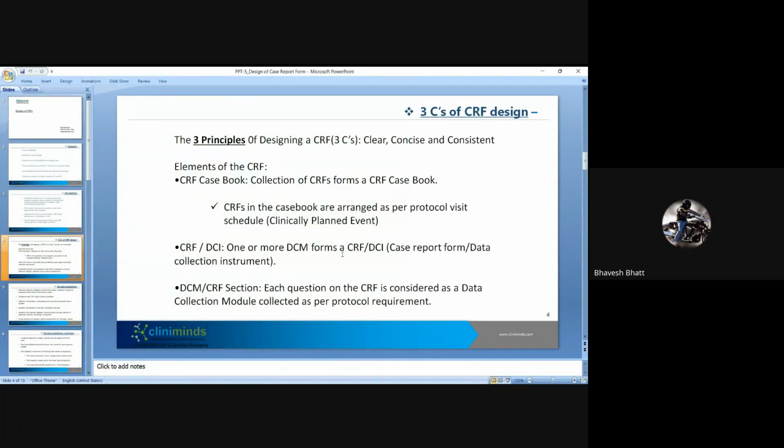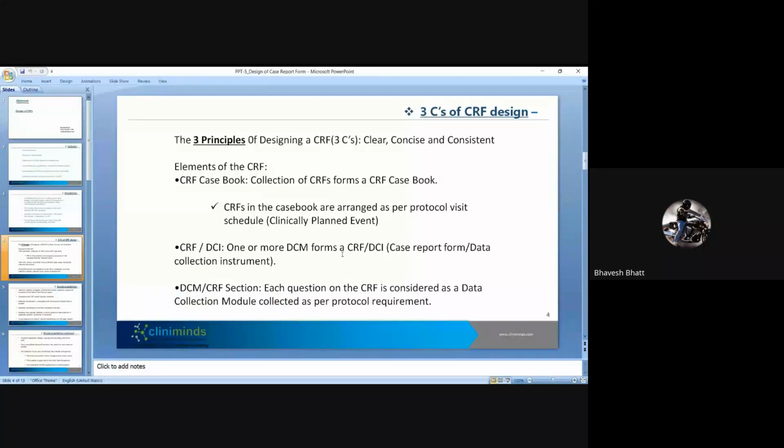Now, having that said, we consider a CRF or a DCI, which is a data collection instrument, to be a subset of the CRF casebook.